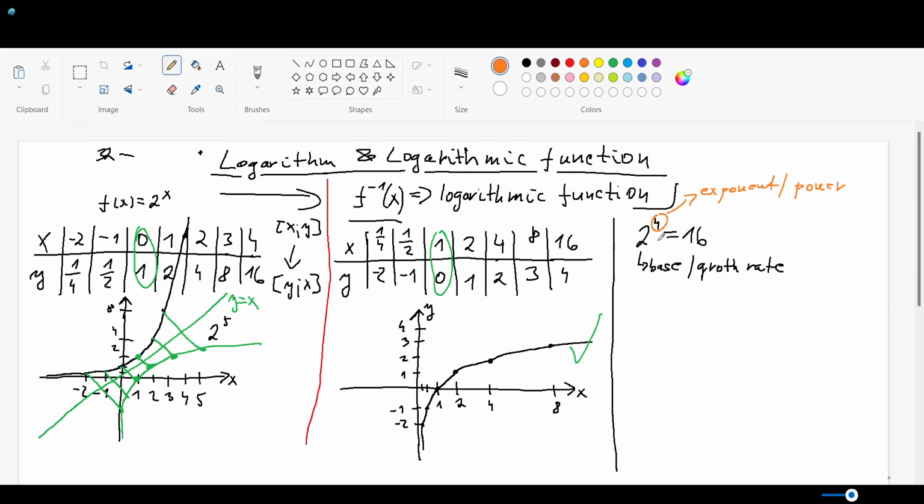But basically what this says is, how many times do I double number 2, okay? And number 16 is our final result.